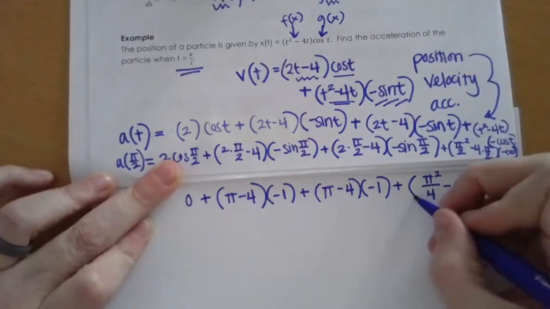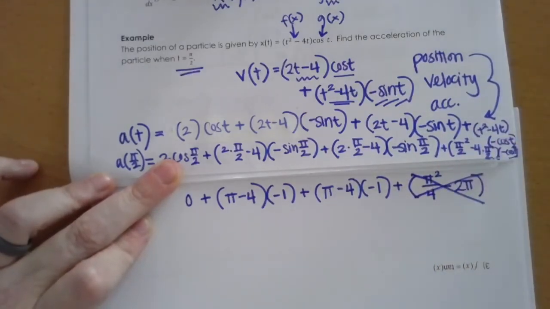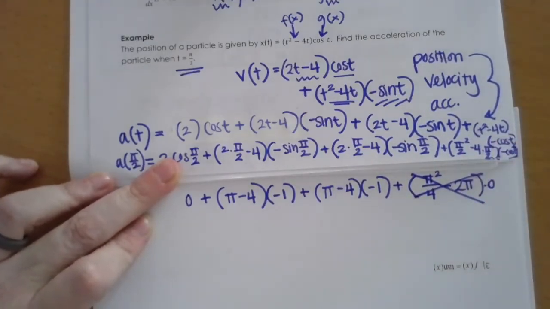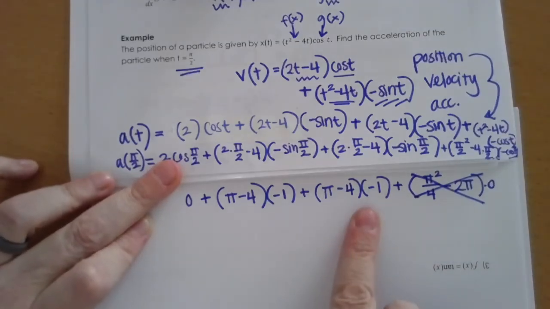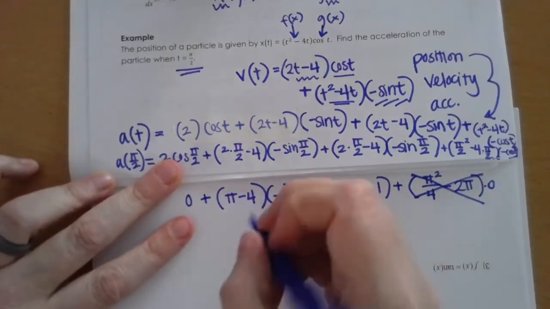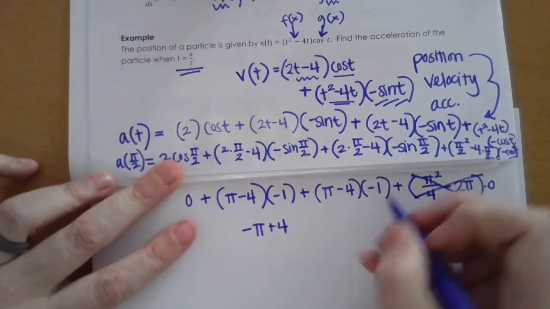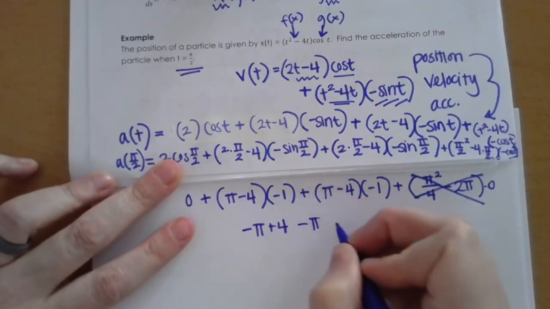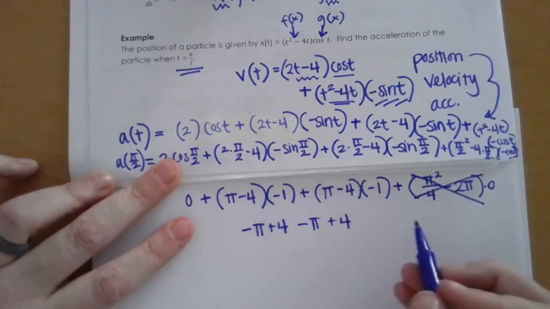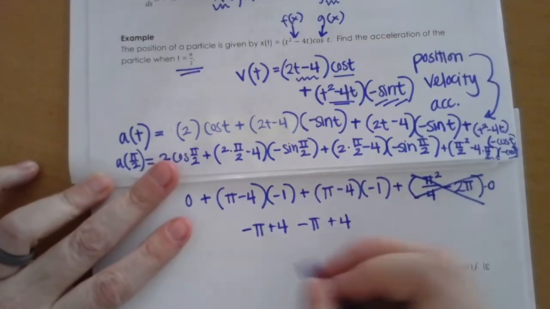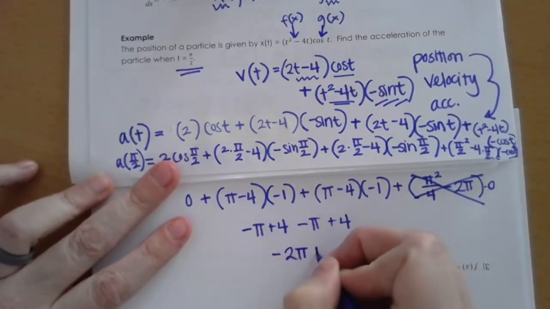So really, this actually didn't matter at all because it was just times 0 there. So now this is just what I have to worry about here in the middle. So if I distribute the negative, that's really a negative pi plus 4. This is a negative pi plus 4 when I distribute the negative 1 to both of these. So I have negative 2 pi plus 8.